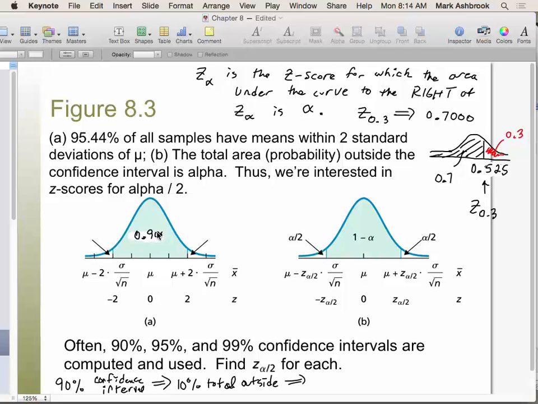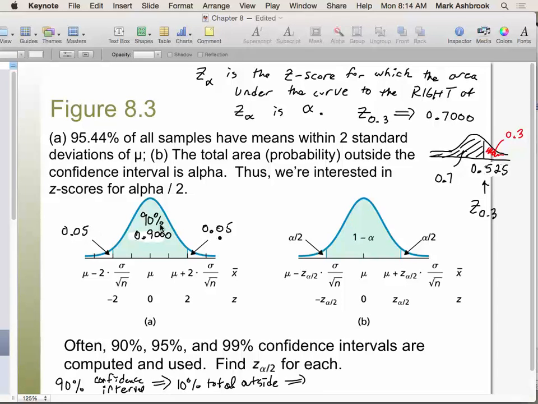0.900 lies in our confidence interval. So then what percentage would I have here and what percentage would I have here? It's 5% each, right? Or 0.05 on this side and 0.05 on this side.